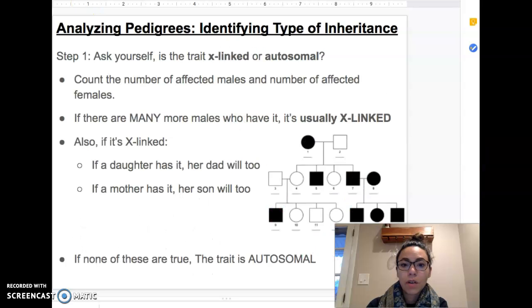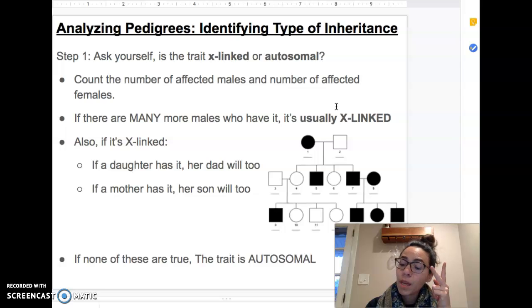Okay, so let's figure out how to tell if the inheritance of a trait is X-linked or autosomal. There's a couple things that we need to look at. If there are many more males that have it than females, that means it's X-linked, because males only have 1 X chromosome, while females have 2 X chromosomes.